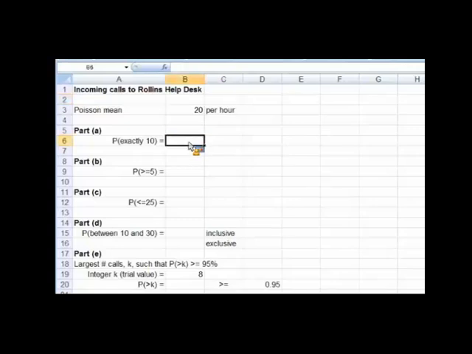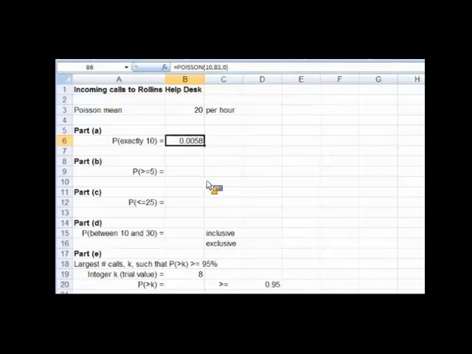So equals Poisson, P-O-I-S-S-O-N, my value of k, or x, which will be 10 in this case, comma, lambda 20, comma, 0. So I get a probability of 0.0058.